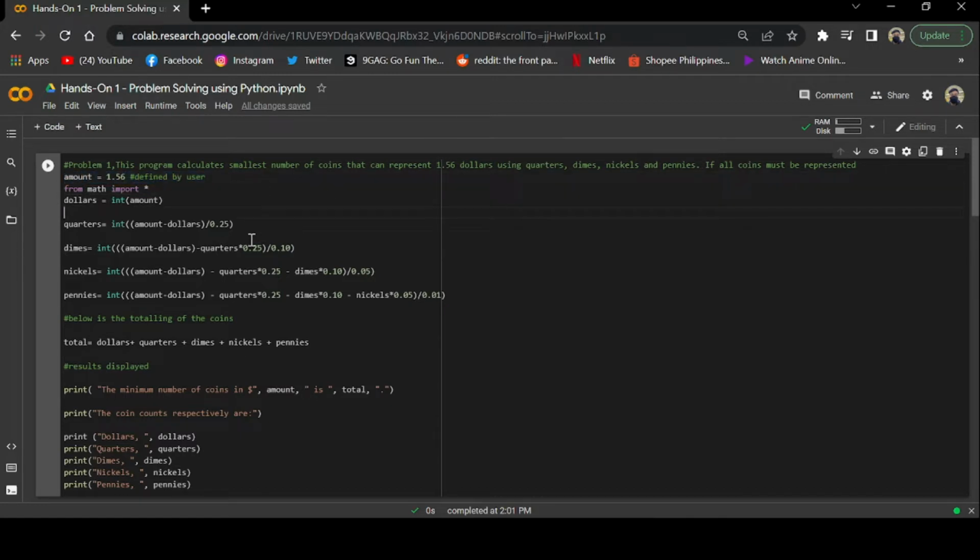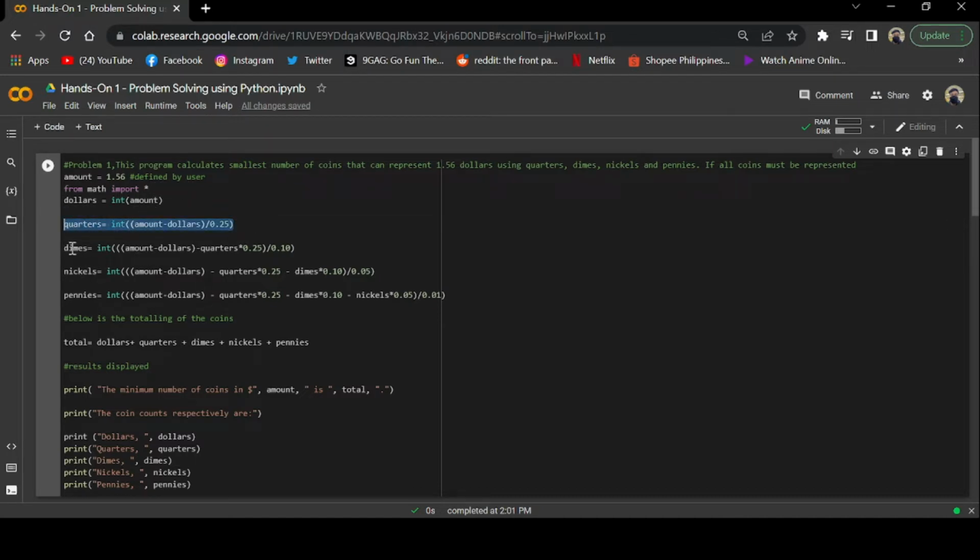So the equation for $1 equals int amount here. If we're gonna find out how many quarters are in this given amount, we're gonna do amount minus dollar, divided by 25 cents or 0.25. So that's the quarter for the set of codes.